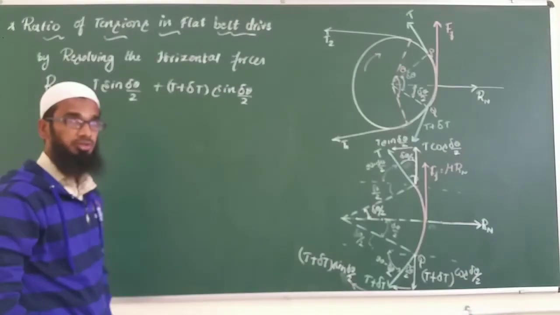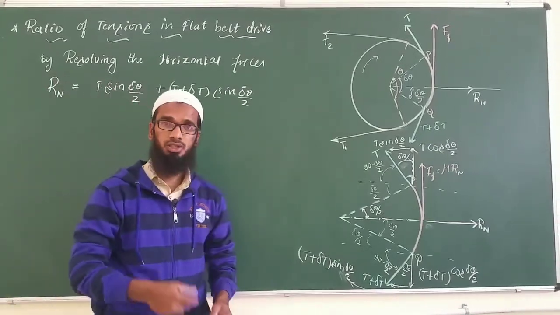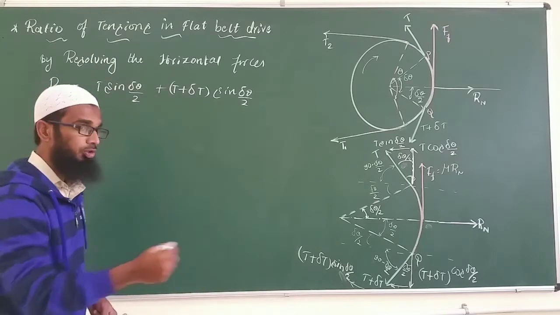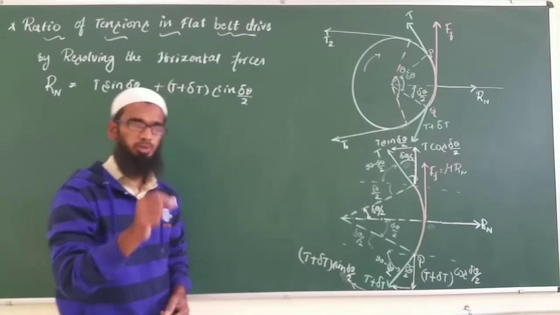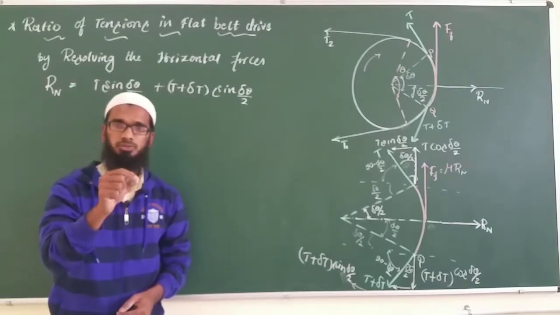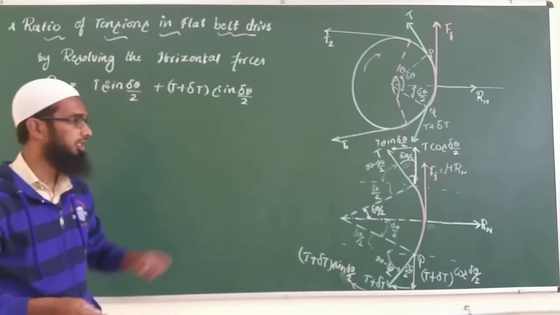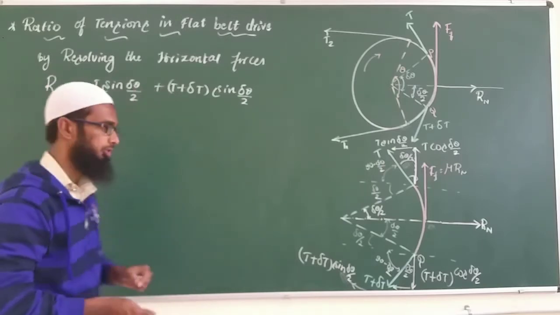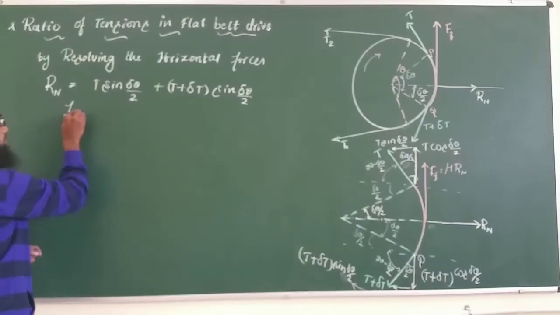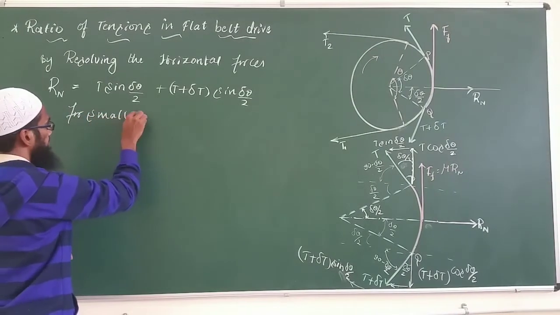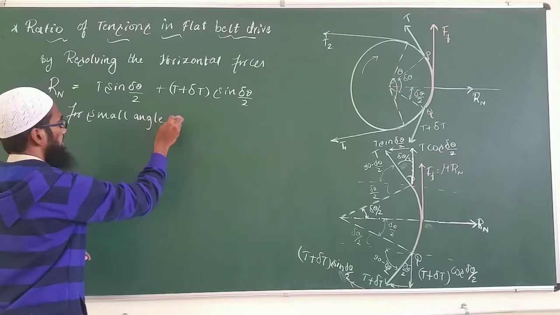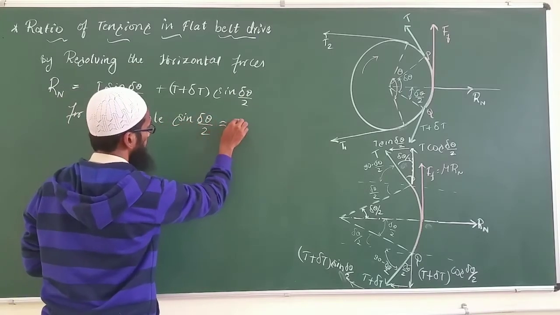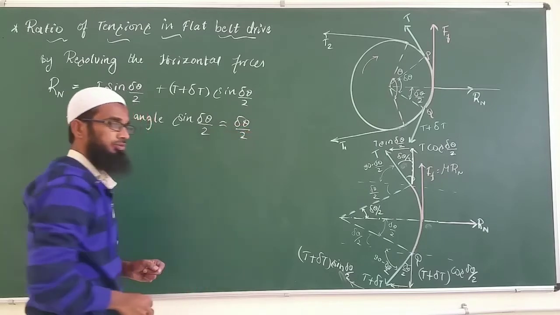Now these are the force terms we have taken by considering the horizontal forces. Now we have to simplify this. We know that for a small angle, sine 0 is 0, similarly I can take sin(dθ/2) as dθ/2. So for a small angle, sin(dθ/2) I can write as dθ/2.